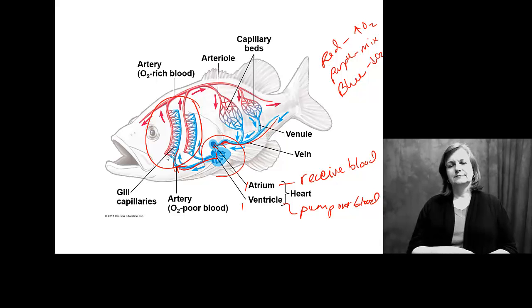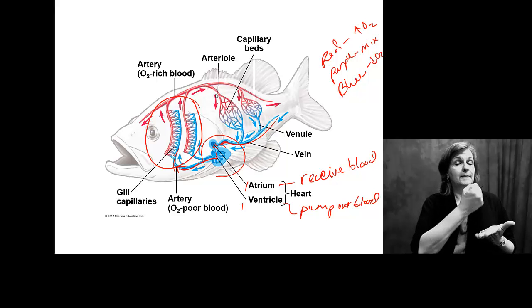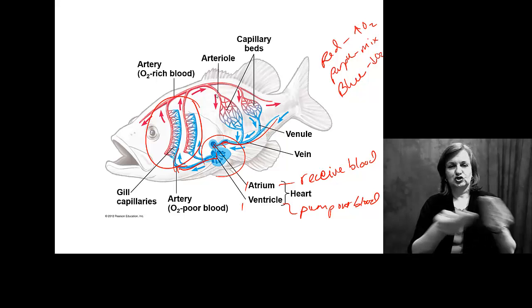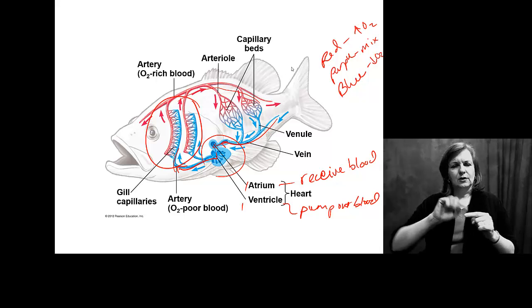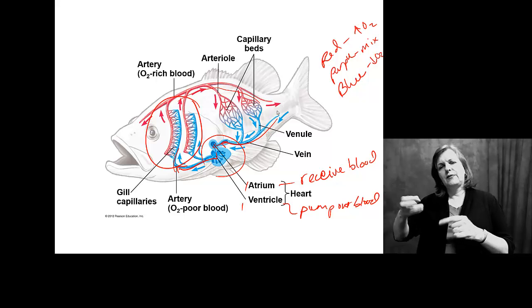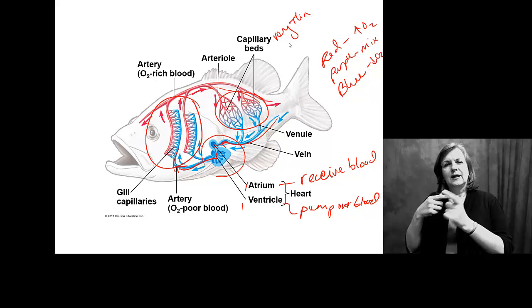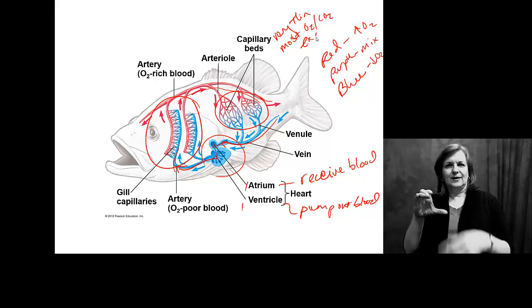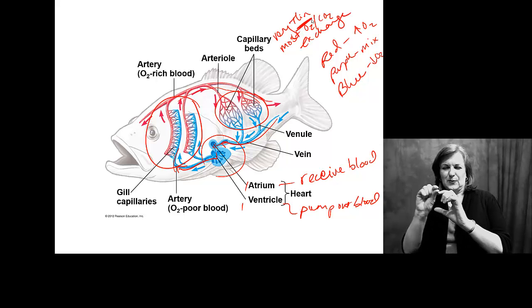So as the blood is moving through the gills, it's picking up oxygen because the gills are exchanging oxygen, carbon dioxide with the water. We saw that in the respiratory system. It's going to pump it back through or push it back through the back end of the fish where we get these capillary beds. Capillary beds are very thin and where we see the most O2, CO2 exchange because they are thin, thin-walled, very small.